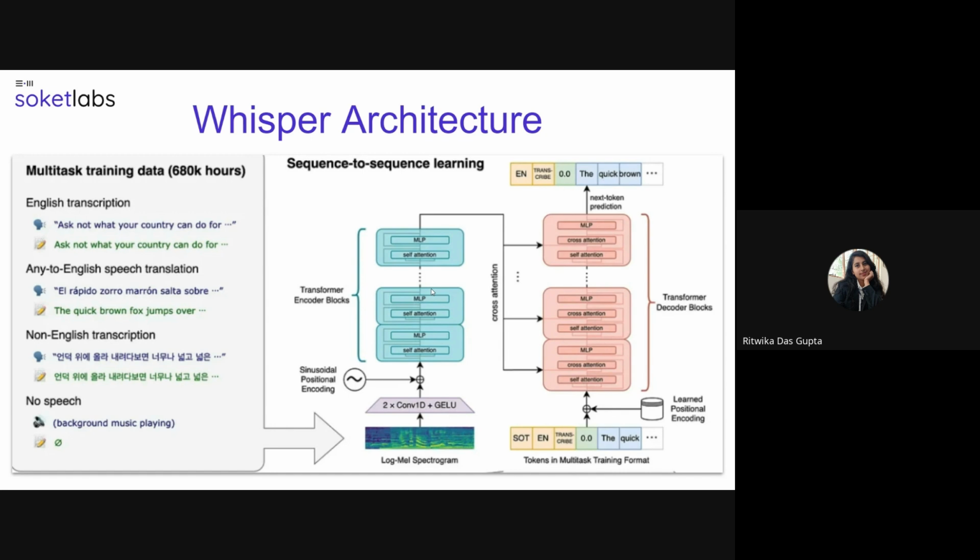And in the cross attention layer, the query vectors and the value vector come from the target sequence, and the key vector comes from the encoder output. So the final encoder output will give the key vector, and the target sequence will give the query and the value vector coming from the decoder.